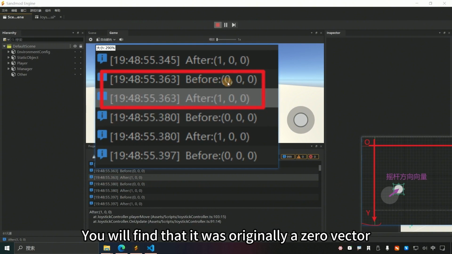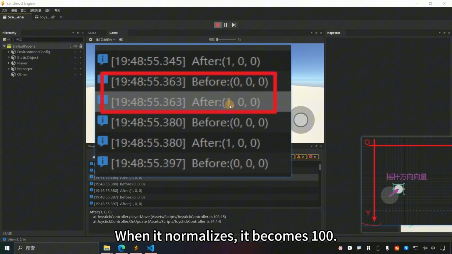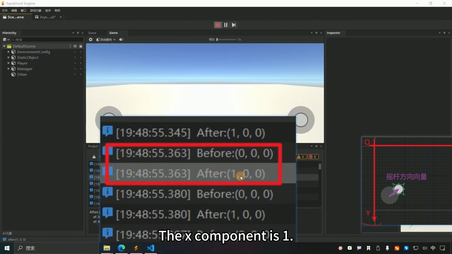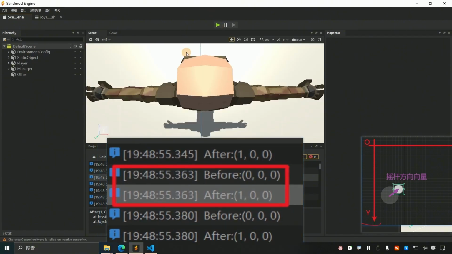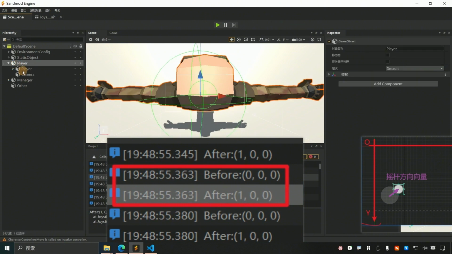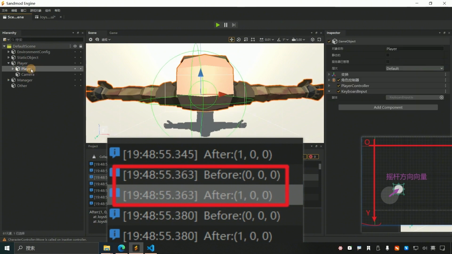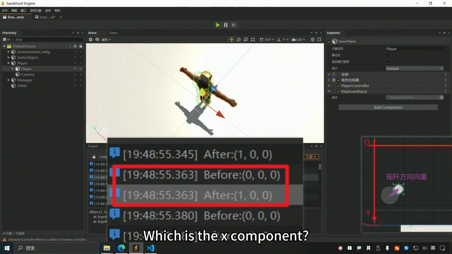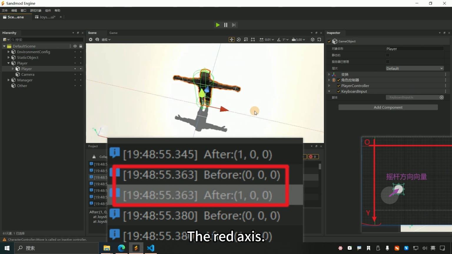You will find that it was originally a zero vector. When it is normalized, it becomes (1, 0, 0). What does that mean? The x component is 1. Which is the x component? The red axis. That must be a movement to the right.